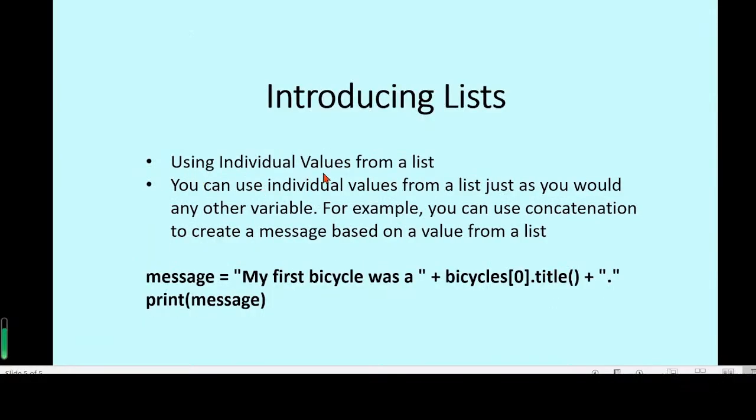Using individual values from a list, you can use individual values from a list just as you would any other variable. For example, you can use concatenation to create a message based on a value from a list. So for example, we can get the first bicycle using its title form, then concatenate this item with this string and this string.